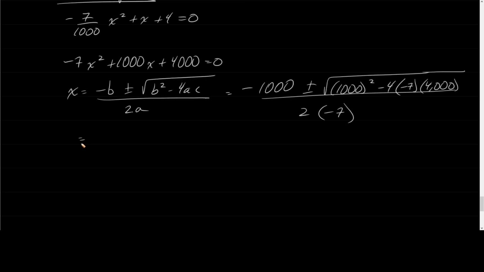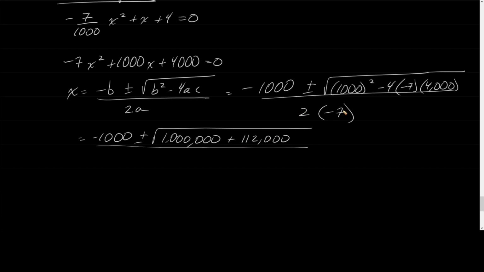So what does that give us? This gives us negative 1,000 plus or minus the square root of 1,000 squared, which is 1 million. Negative times a negative is a positive. 4 times 4 is 16, and then 16 times 7 is 112, so we have 112,000.